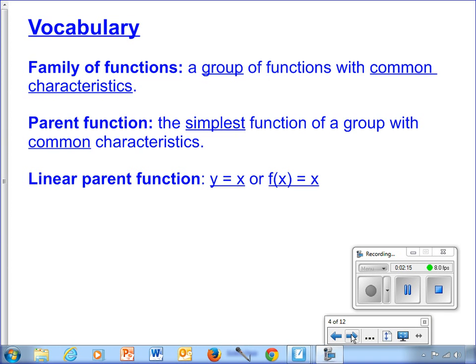And the linear parent function is basically y equals x, or the function f of x is equal to x. Remember, f of x is simply another name for y, but f of x is considered to be function form.